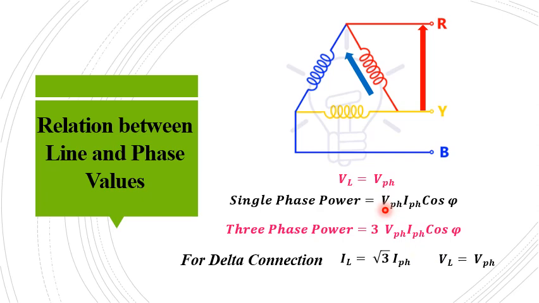Substituting in the above equation, we get three phase power equal to root 3 VL IL cos phi. So the equation for power in star and delta is the same. The only difference is the relationship between the line and phase parameters of both voltage and current. So that's the end of this video lecture.